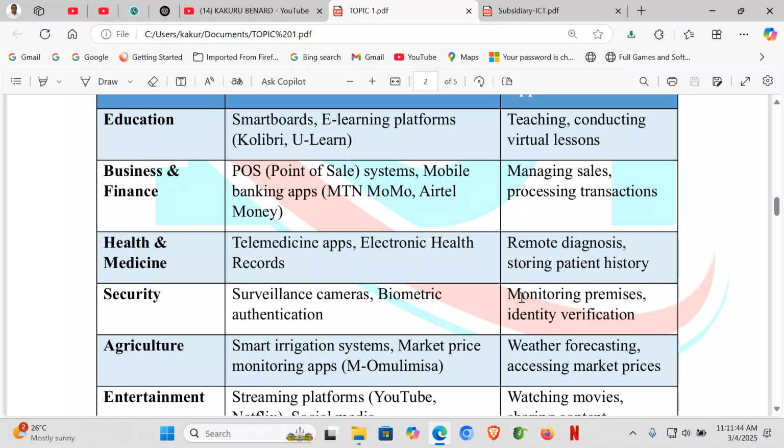These ones are basically for monitoring premises and identity verification. In agriculture as a sector, we have tools like smart irrigation systems, market price monitoring apps like EMU or MRISA. Those are some of the apps. In the application, they help in weather forecasting, accessing market prices, etc.